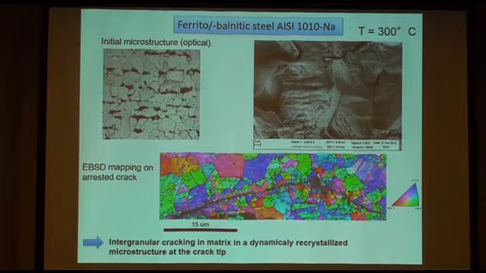Okay, so we actually could look at arrested cracks, and what we found out was that the cracks immediately underneath the fracture surface were covered with very small grains that actually had formed during the process of cracking, probably through a dynamic recrystallization process.